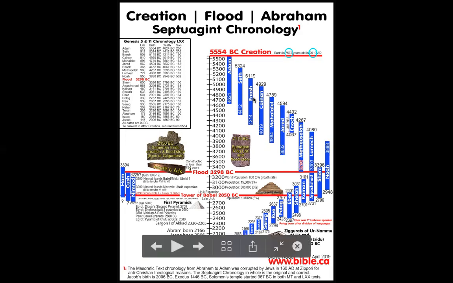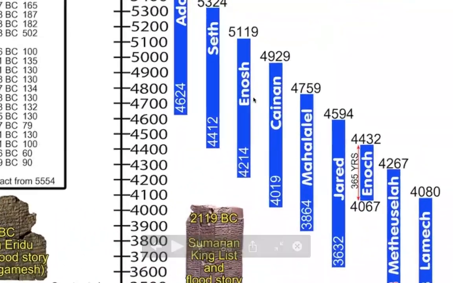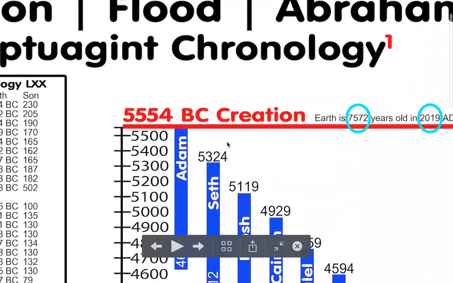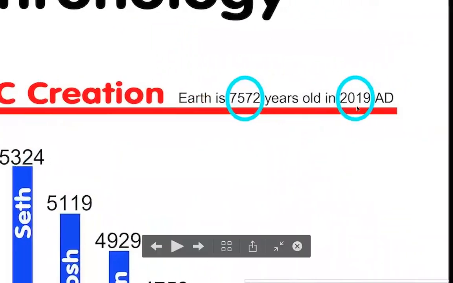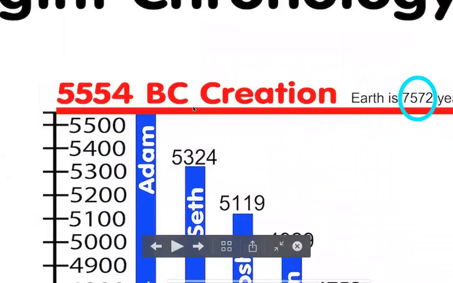And therefore, according to this chronology, if I just zoom in here a little bit, this is a couple of years old, so you just add 2 years, right? This is now 2021. So according to this, the Earth is not 7,572, but it's 7,574 years old, according to this chronology.